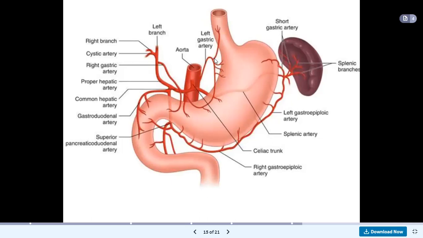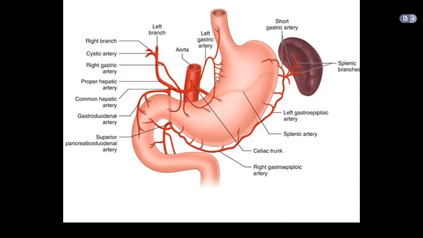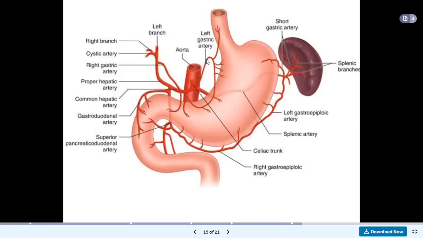You see the left gastric artery gives off these short branches, supplying the upper part of the right border, or the right side, of the stomach. So remember that the left gastric artery comes from the celiac artery and goes up to supply the upper part of the right border of the stomach.